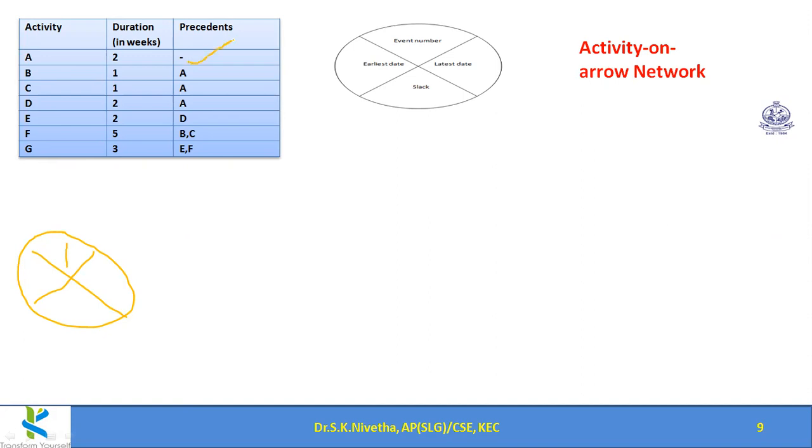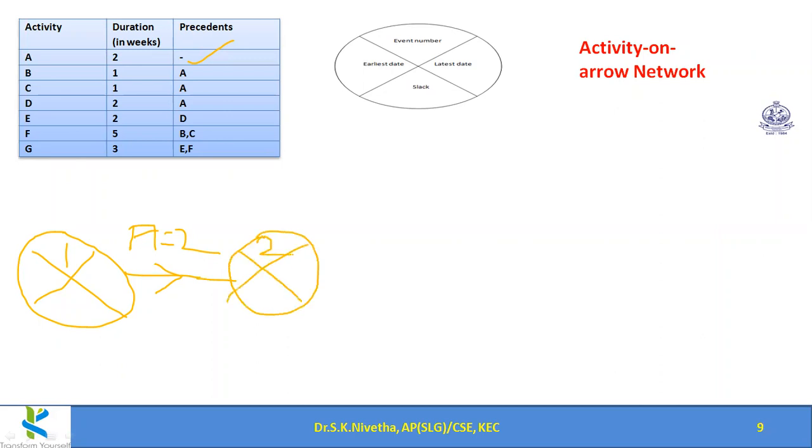From here only one event can be started, that is A. So for A, the duration is 2. Then after A is over, I'll be ending in event 2.